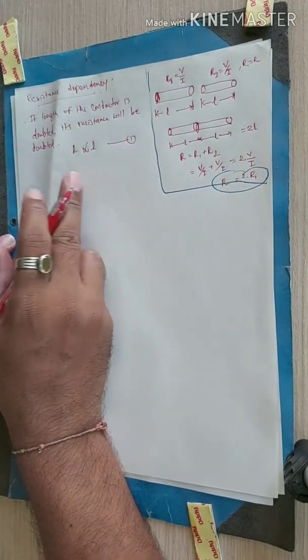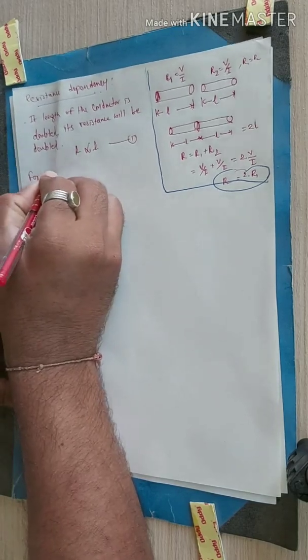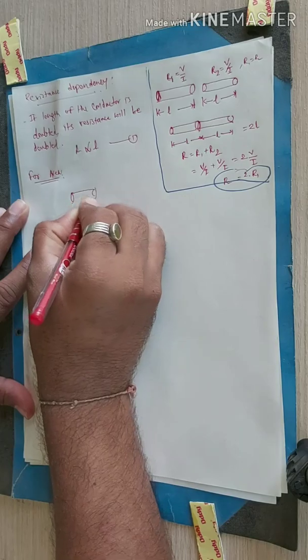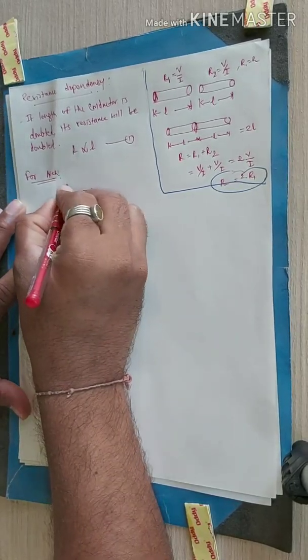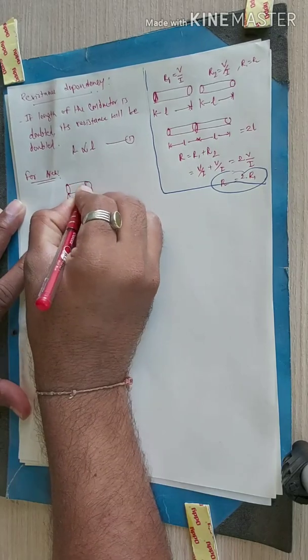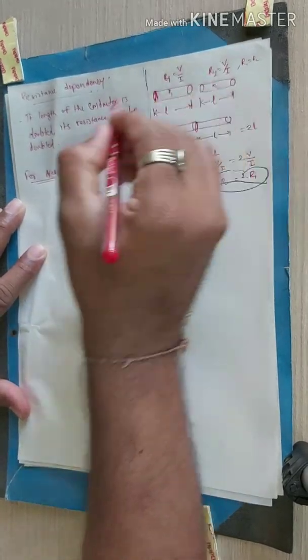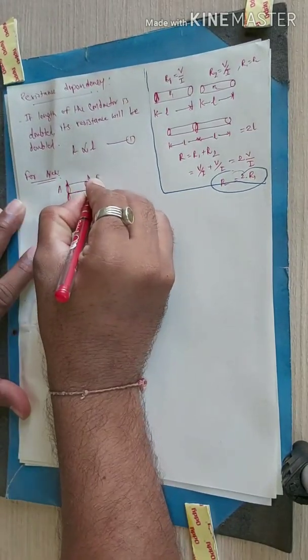Now for area. Suppose this is a conductor which has a length L, and another conductor with the same length and the same material, both kept together. This is A and B, and the potential difference between A and B will be the same.